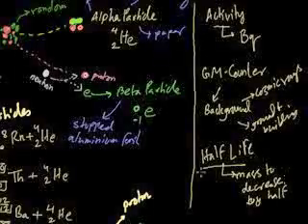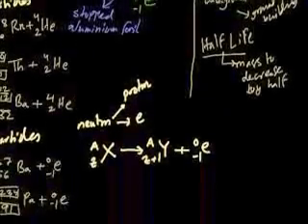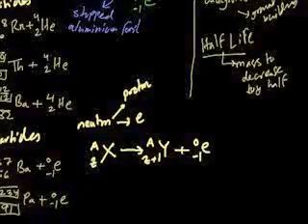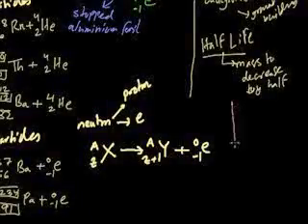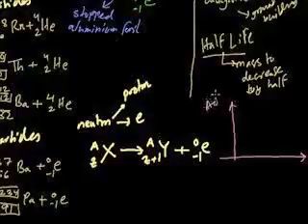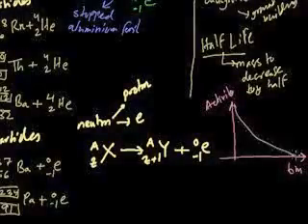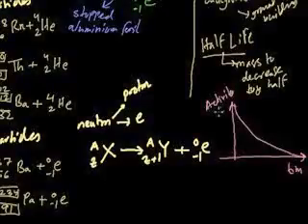That time is called half-life, and this is best clarified by an exponential graph, which is this. This is the activity and this is the time. So this is what the graph looks like. Suppose the activity at the beginning is 100.